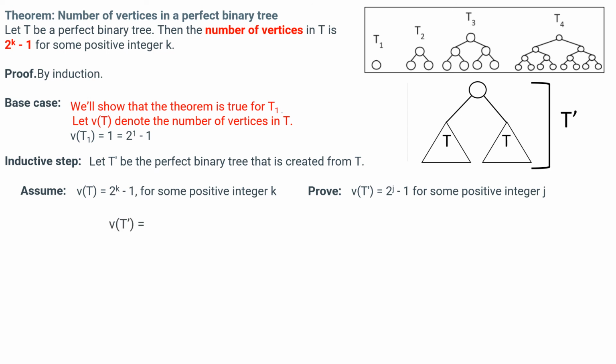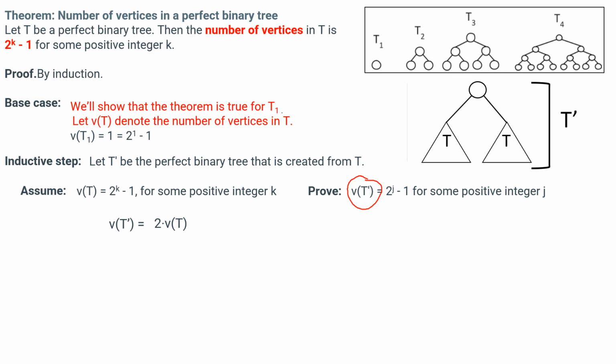Okay, so again, to prove this here, we'll start with what's on the left here. Start with that, and then let's think about what that is equal to, the number of vertices in our new T prime.